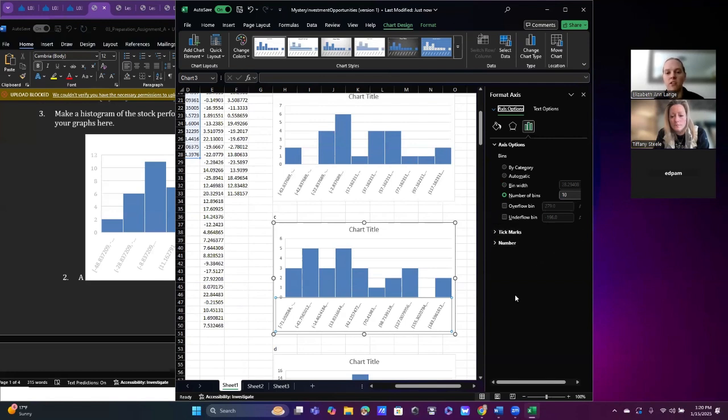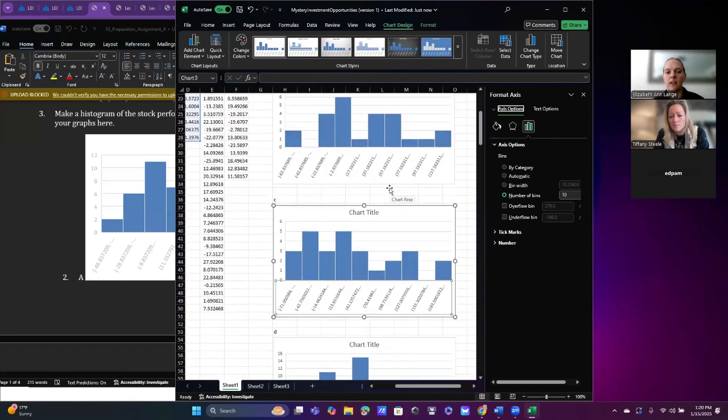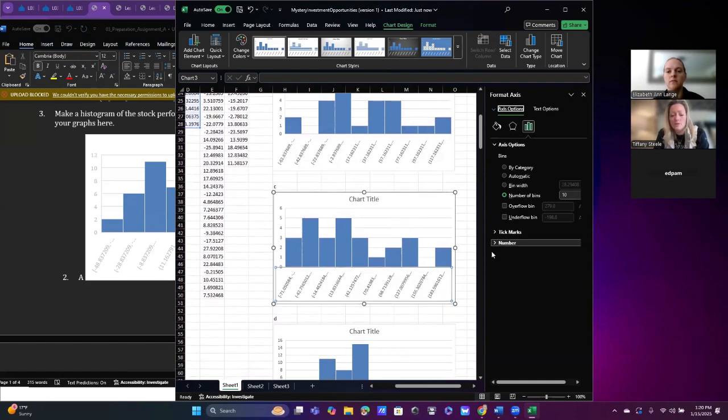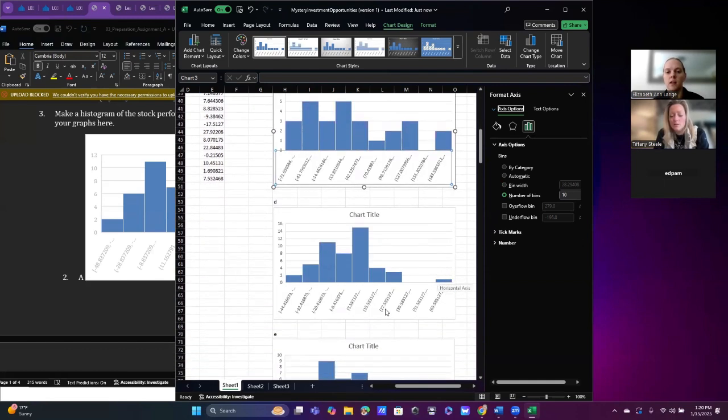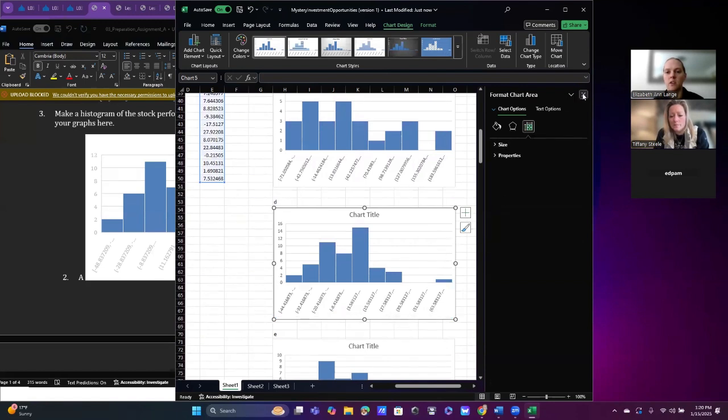So yours looks different for C. Oh wait, no, that was B. Okay, mine looks the same as yours for C now because I changed it. I'm not going to mess with my bin number or bin width anymore because it apparently just skews things.